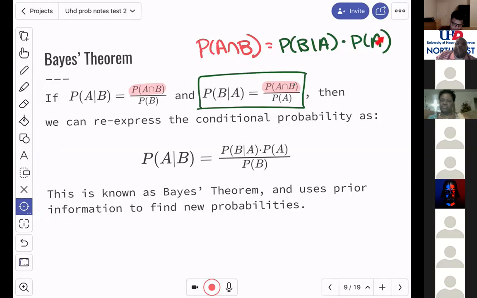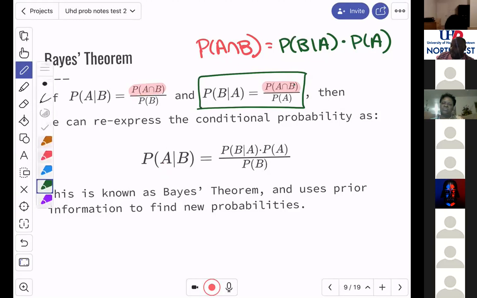And why is that important? That tells me now that if I know a condition, I can find another condition. And generally what happens in terms of statistics, if you know one condition, you easily know the other condition as well. So this is very useful to us. And so we can replace this A and B right here with this formula right here.